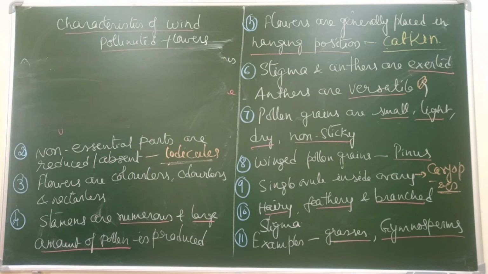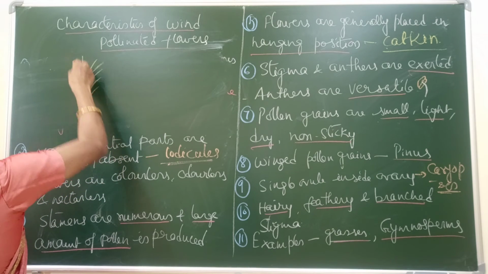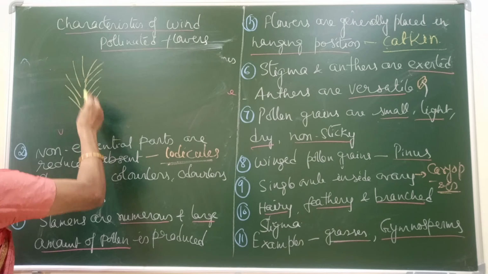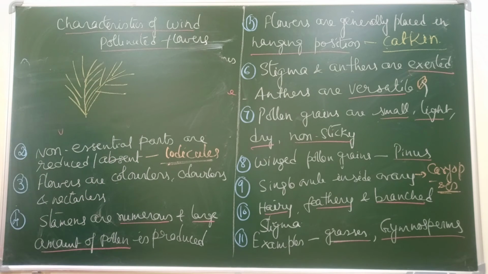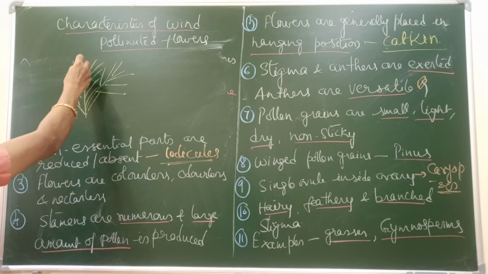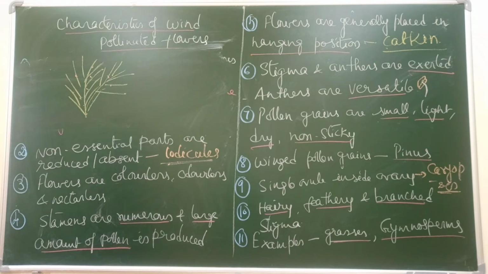Feathery stigma means feather-like. So the stigma will show many hairs, and it can even be branched also. So a branched stigma is present, and a hairy stigma looking like a feather, so that it can collect a large number of pollen grains on it. From the wind it can trap the pollen grains.